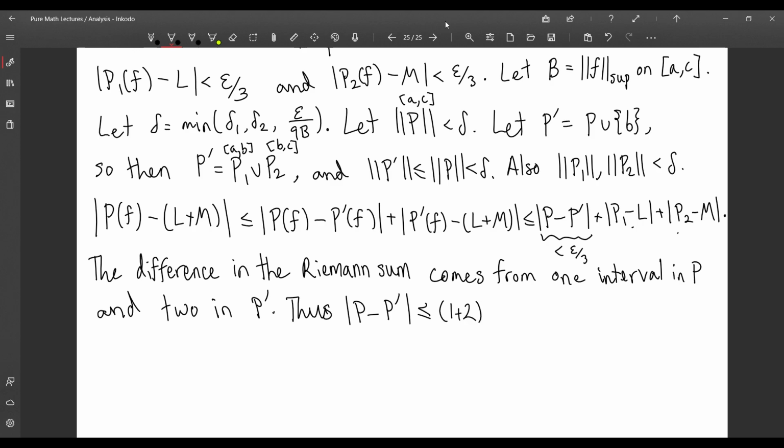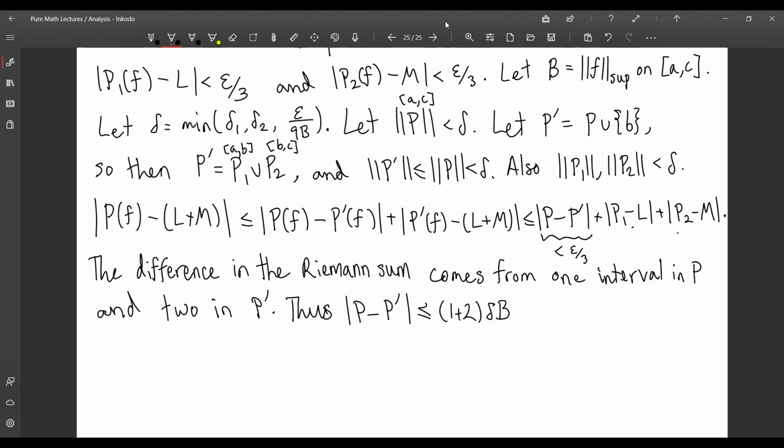So 1 interval plus 2 intervals times the largest possible width of these intervals, which is delta, because we know that the meshes are less than delta, and the mesh represents how big our intervals are. And then the biggest possible value of the absolute value of f is going to be b, right? That's what the sup norm means.